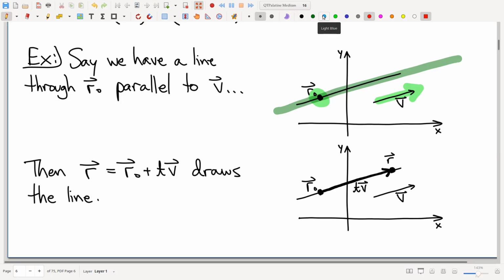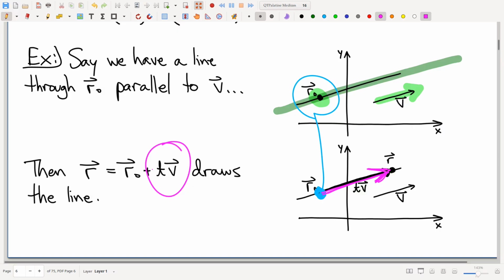I can say, all right, well, I'm going to use the given point as sort of my starting point. And then I'm going to add to that multiples of my v vector.